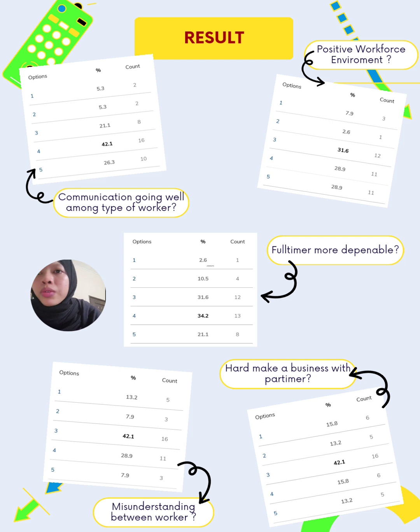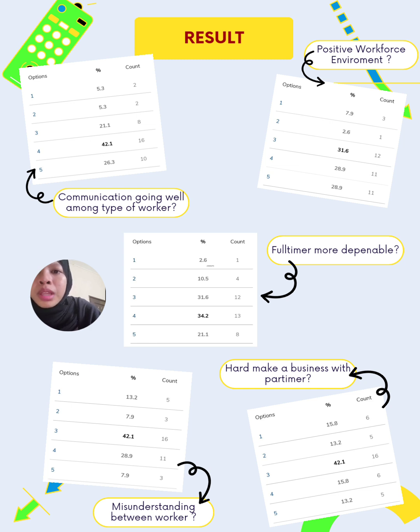Okay, for question 2: the environment of the workforce is highly positive among the various types of worker. We can see here the highest one is 12 respondents, around 31.6%, that chose the scale of 3, which is neutral.